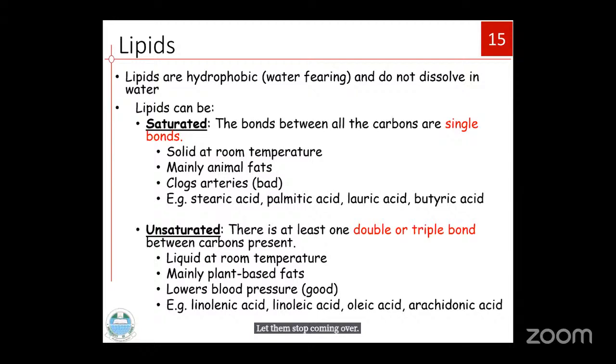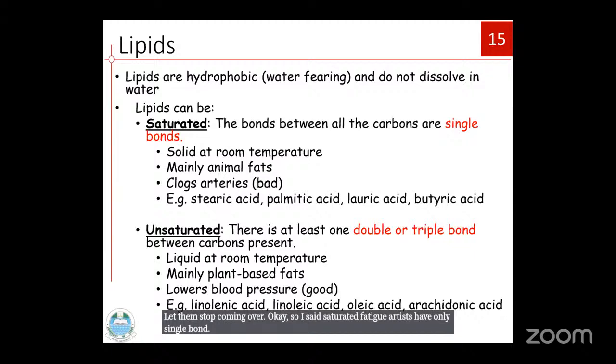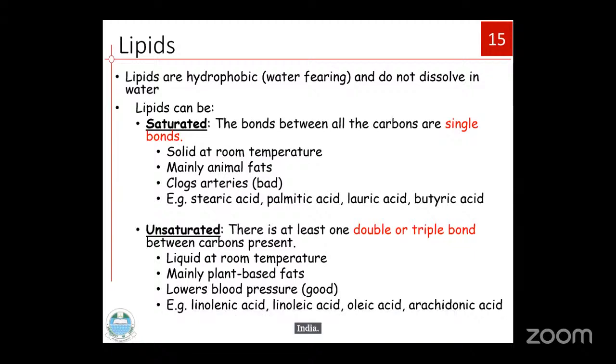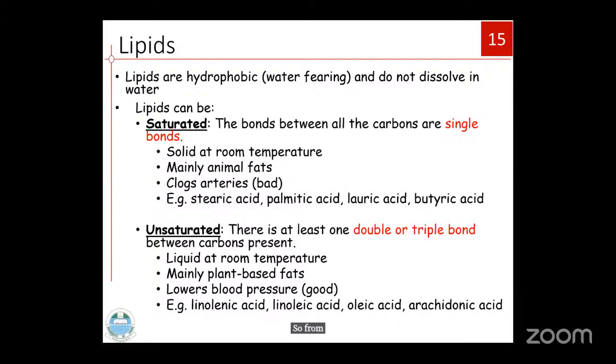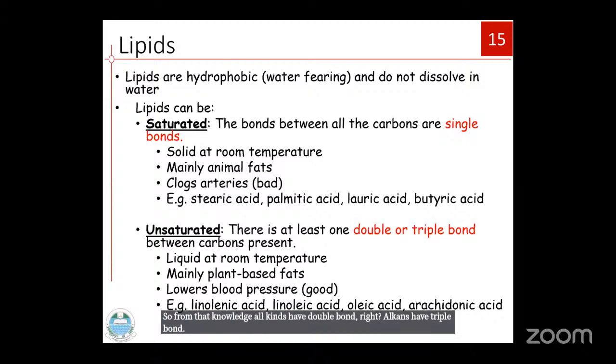Okay, so I said saturated fatty acids have only single bonds in their carbon chain. From your secondary school knowledge of chemistry, organic molecules are either alkanes, alkenes, or alkynes. Alkenes have double bonds, alkynes have triple bonds, whereas alkanes have single bonds.